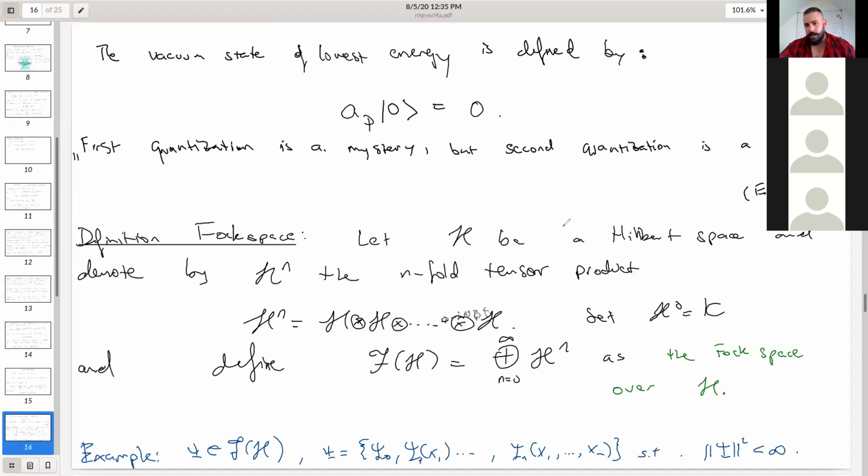The second quantization is a little bit different. You take the one particle Hilbert space, then you tensor it, and then you take the sum over all that. And that is what is called the Fock space. So this is basically what I meant by replacing this by operator valued distributions. I quantize it for a one particle space, and then I do it for n particle subspaces.